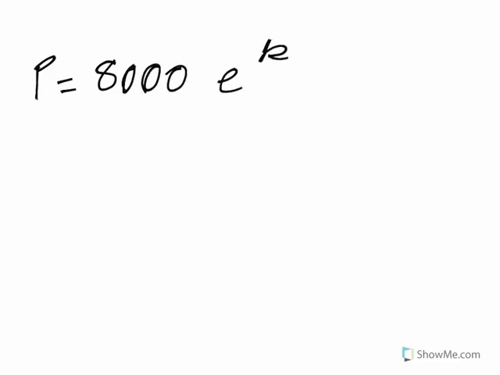That means that we've got a population equation, 8,000, because that's what it started at, e to the kt. Putting in the information, we know that the population is 15,000 after 8 years.